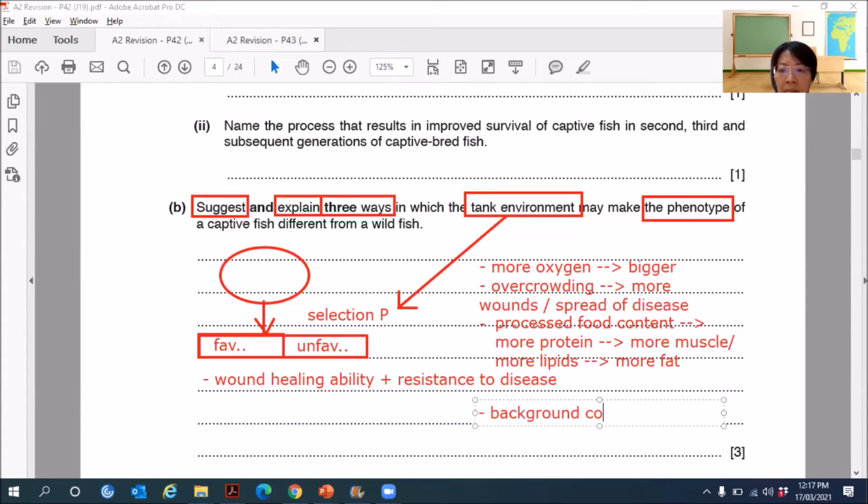And one more point here is the background color of the fish tank. The background color of the fish tank may link to skin color. Usually the color of the fish must be very well camouflaged with the color of the environment, so that it's not so easy to be seen by predators.